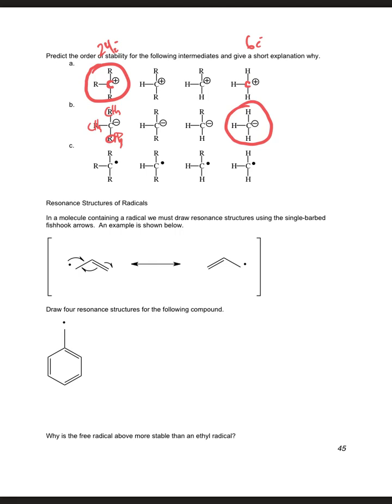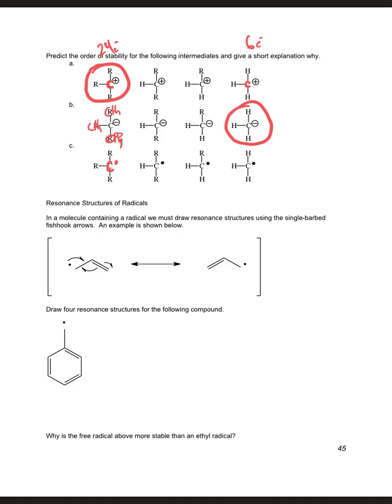For the radical, we have to decide, is the carbon with the radical electron rich or electron poor? So when we think about it, we know it doesn't have a formal charge on it, but that's not telling us is it electron rich or electron poor.